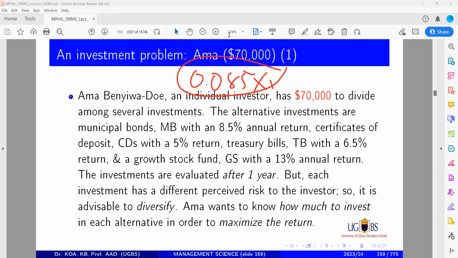In a practical world, we don't call it that way. In a practical world, we call it the interest rate. So that is the interest rate on the municipal bond. When you multiply the interest rate by the amount you invested, then you will know the returns you had, which is what he said.